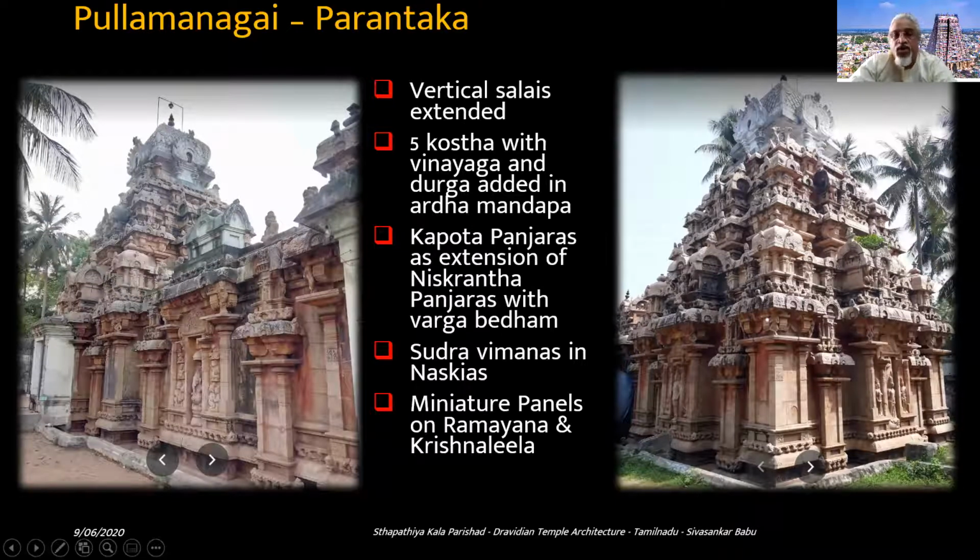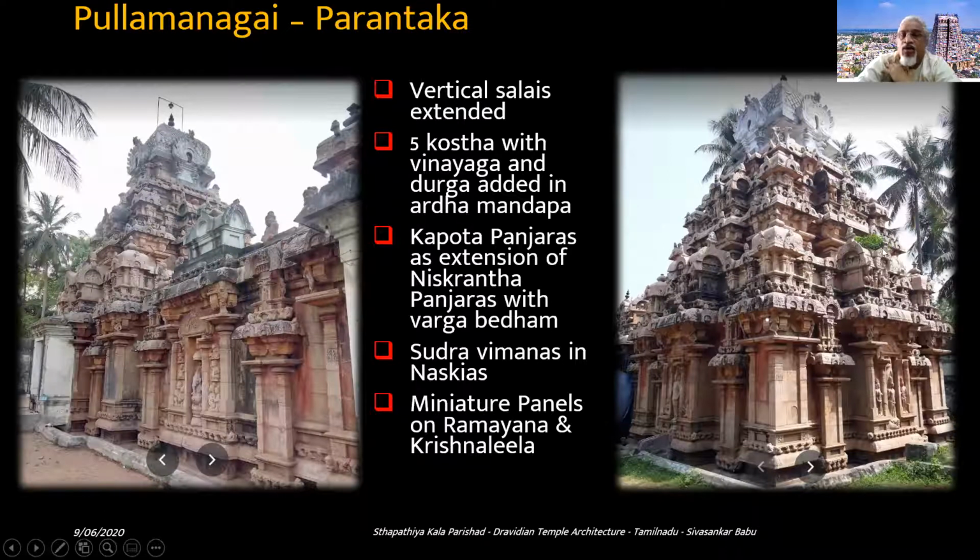Now we start seeing Kapota Panjaras, the temple-like pillar structures, which are getting extended to the level of the Prastara, the roof area, and then they have a Kapotam top. They are called Kapota Panjaras. The earlier Panjaras were mostly Nishkrantara Panjaras, which are below the Prastara level.